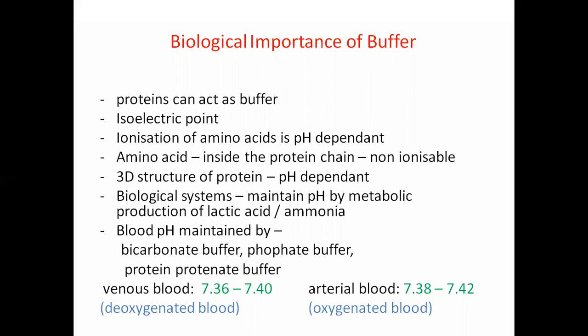See, arterial blood pH is 7.38 to 7.42, whereas venous blood is 7.36 to 7.40. There is not much difference. If the pH variation goes below 7 or above 7.8, the effect will be lethal, fatal. So the biological importance of pH is of much concern. So the biological importance of a buffer is this.